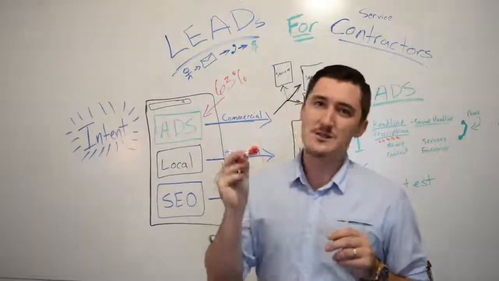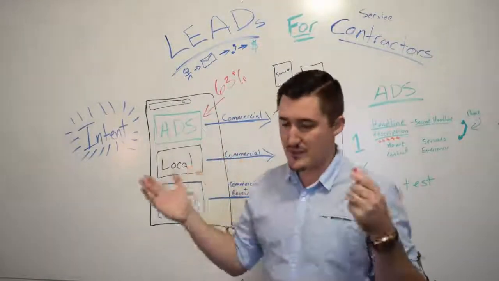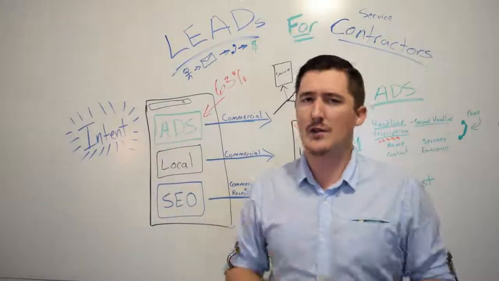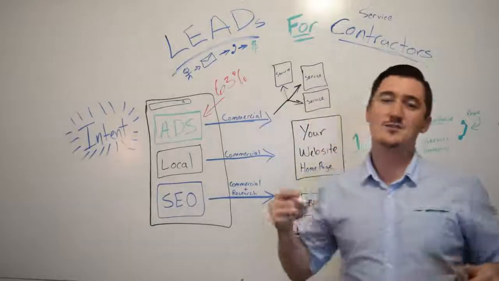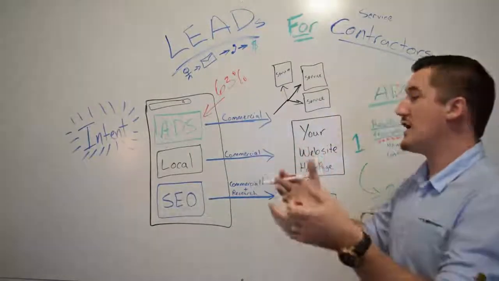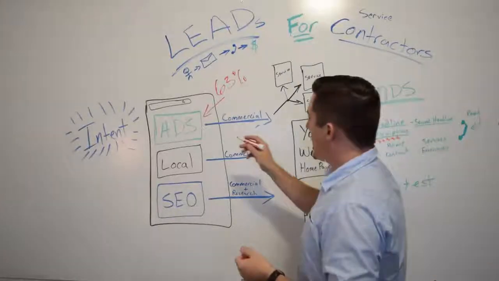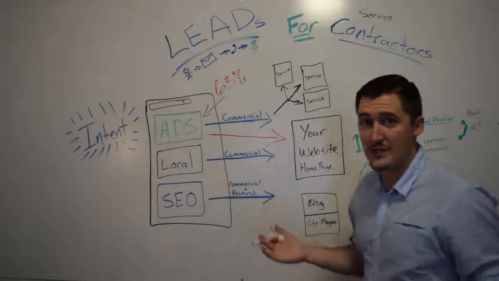The biggest problem, though, is they run the ads and they say, oh, I spent X amount of dollars, and I really didn't see that much business from it. I look at those accounts that got shut off and they're reconsidering it, so I'll go in and do an audit, and they're sending the ad traffic to their homepage.